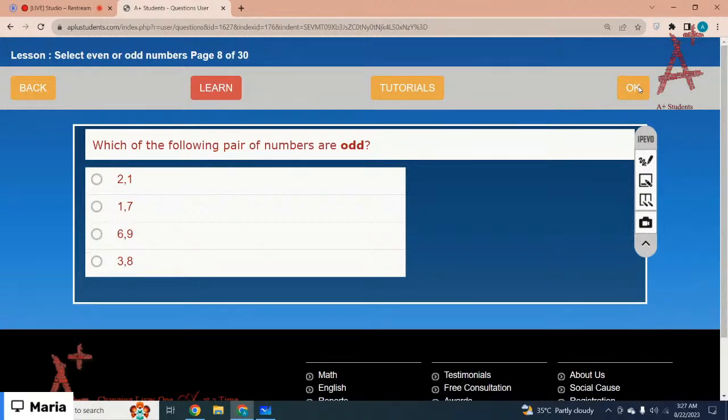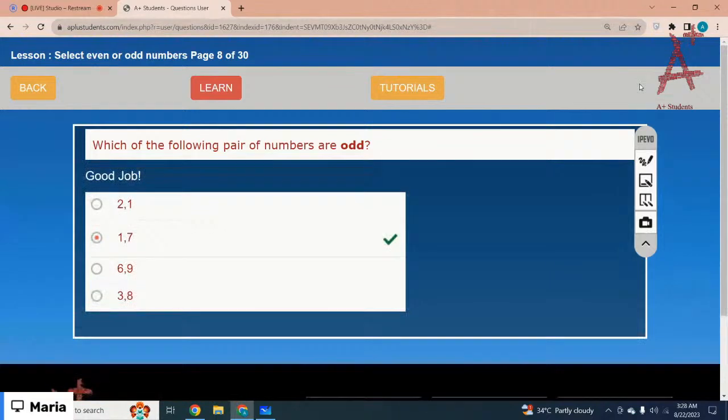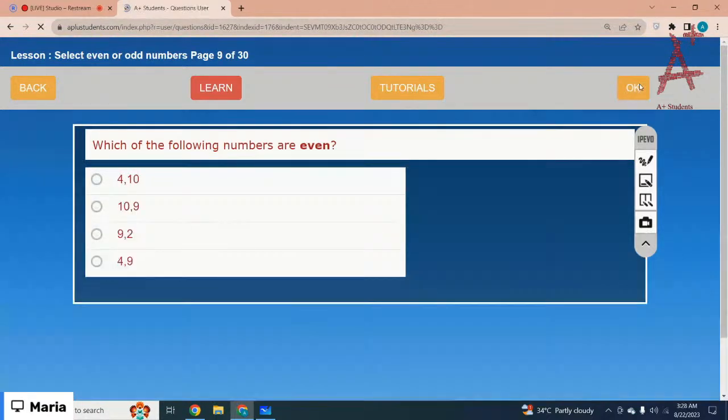Which is the correct option? Which option is the correct one where both the numbers are odd? It is 1 and 7, right? They both are odd. So option number 2 is the correct option.